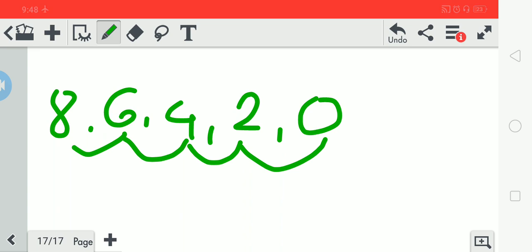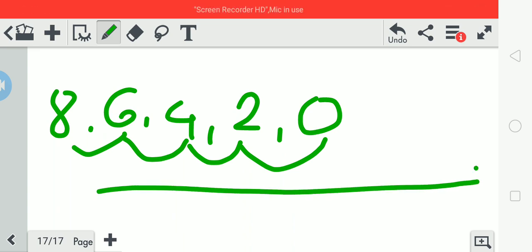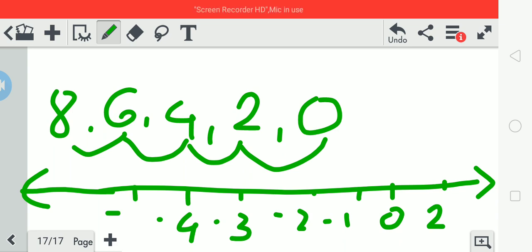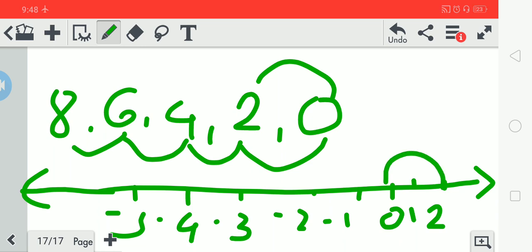Here if I draw the number line, here is my 2, consider, here is 0, we want a difference of 2, right. So minus 1, minus 2, minus 3, minus 4, minus 5. Here is 1 here. So a difference of 2 from 0 to 2, right.